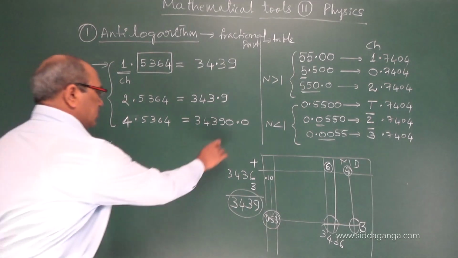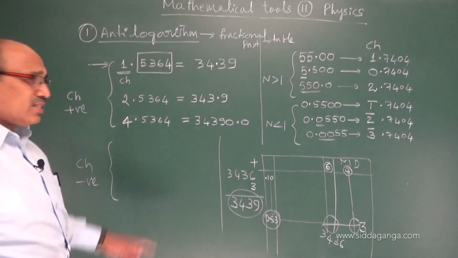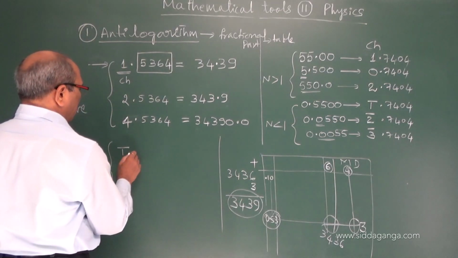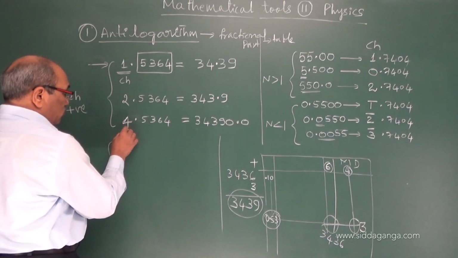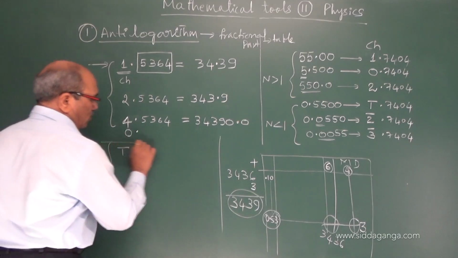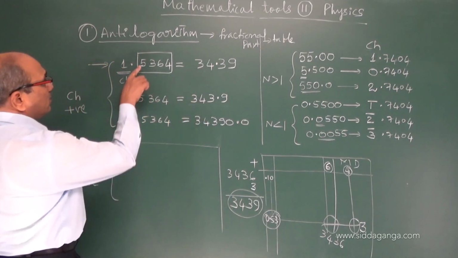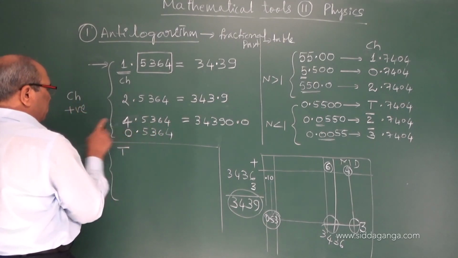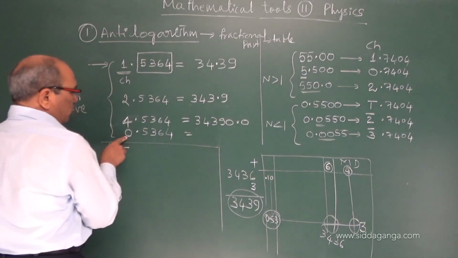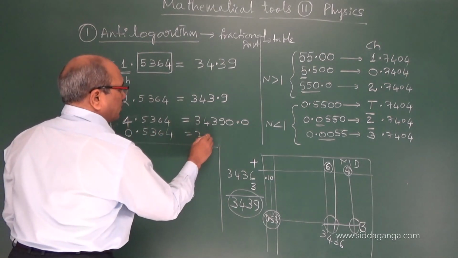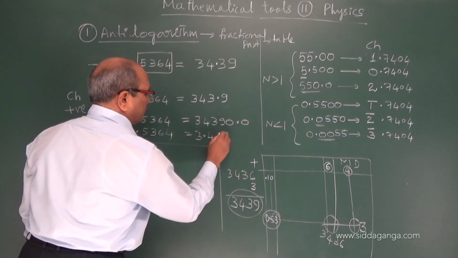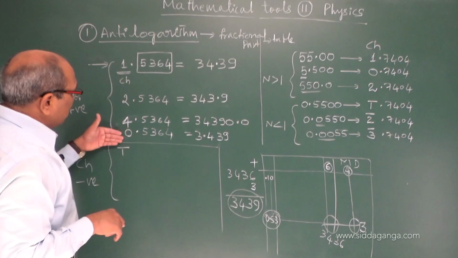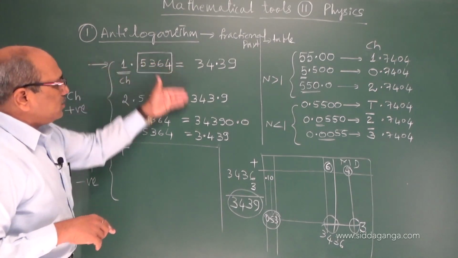Even if it is 0, for example 0.5364, it is still a positive number. So if it is 0, add 1, and you will get 3.439. What happens if 0 comes? Any number including 0, you add 1 and put the decimal point.